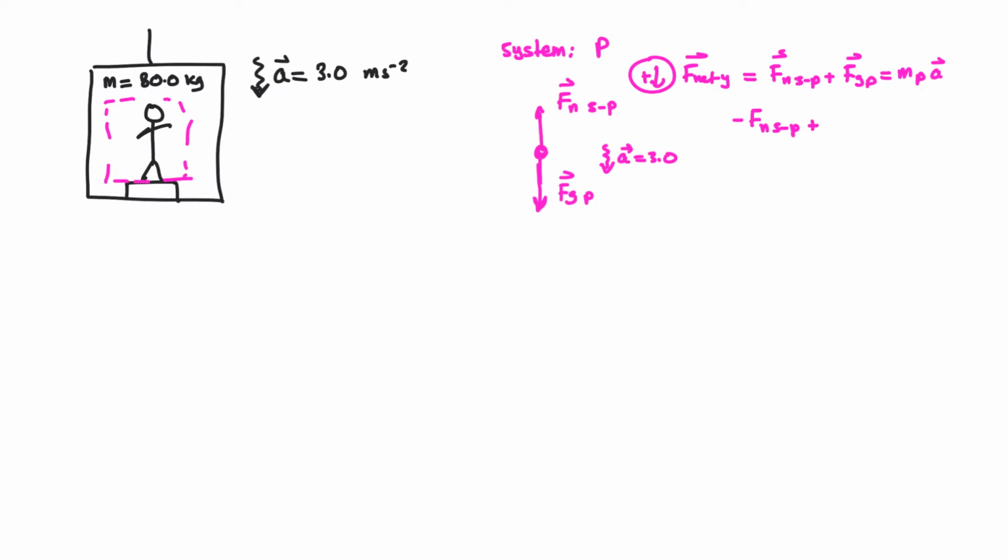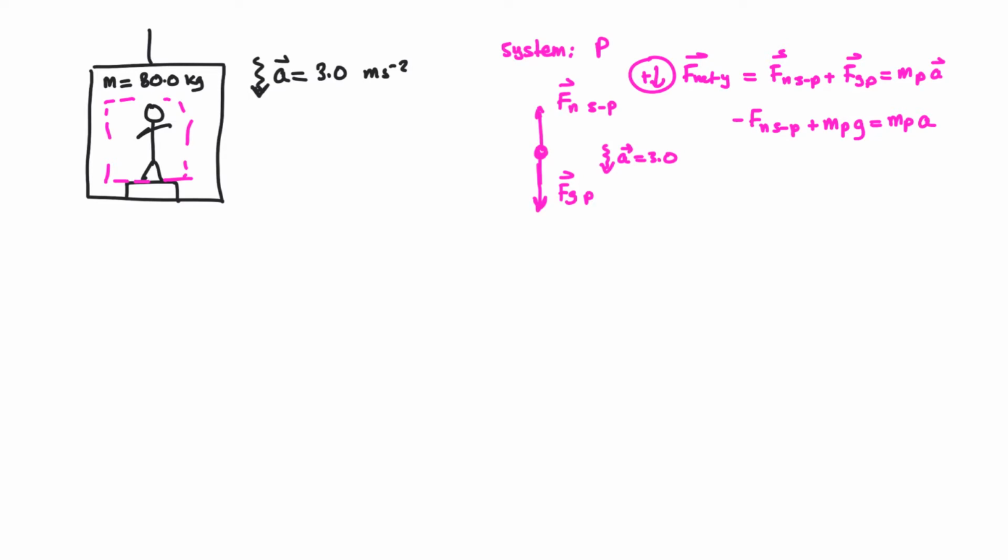In terms of magnitude, the gravitational force is mass of person times the magnitude of gravitational acceleration, and that's going to equal the mass of the person multiplied by acceleration. Acceleration is down, positive, and therefore I'm going to use a positive magnitude here.